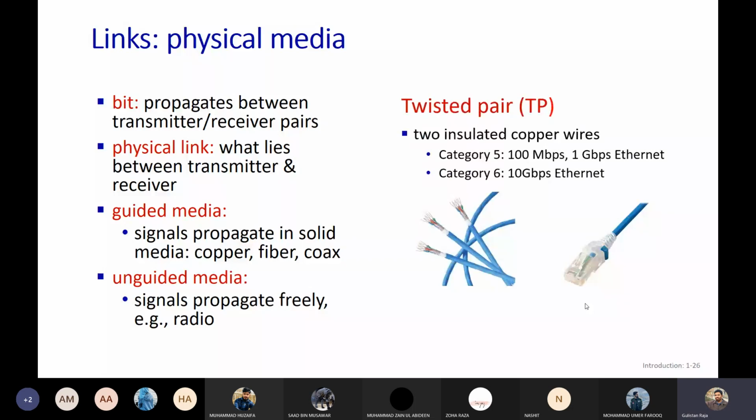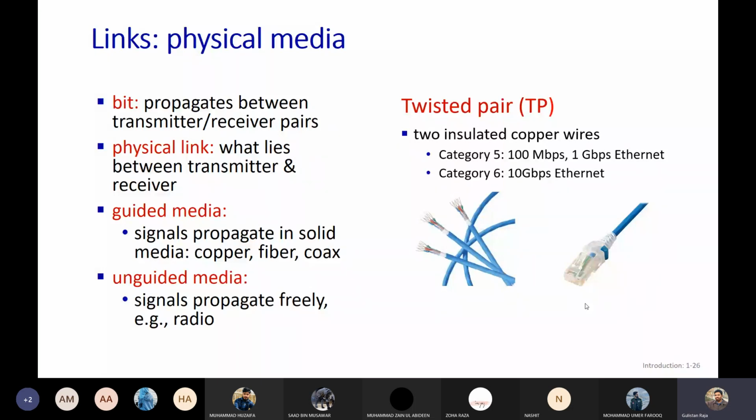The most common guided media used in local area networks is known as twisted pair. We call it simply twisted pair, but basically it is a copper twisted pair. You will have the opportunity to see it in a lab. There are two insulated copper wires, and there are various categories of it. Currently category 5 and 6 are used.